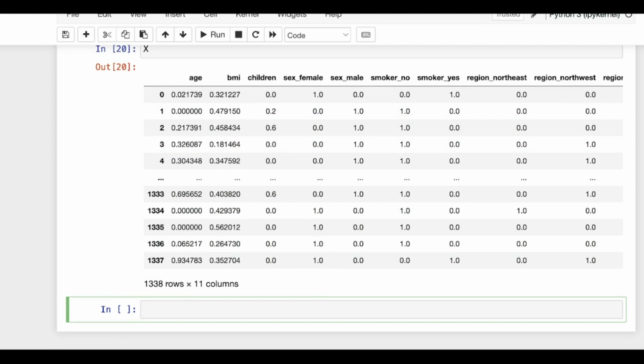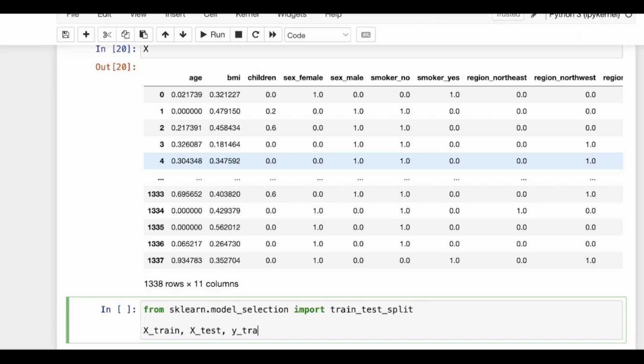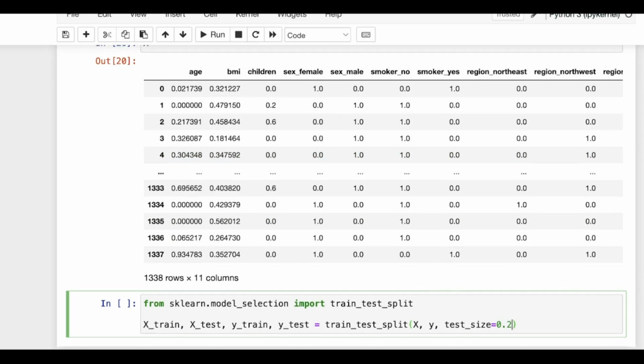Now that we have scaled, we will do the train test split. Basically, we are dividing this data set into a training set and a testing set. We pass the input data set, the target, and the test size. Test size is 0.2, which means 80% of the data will be in the training set and 20% in the testing set.